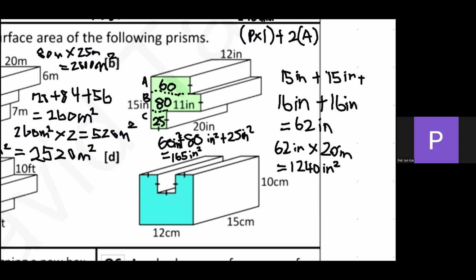So we take 165 inches squared and multiply it by 2, since there are 2 cross sections, so it would be 330.